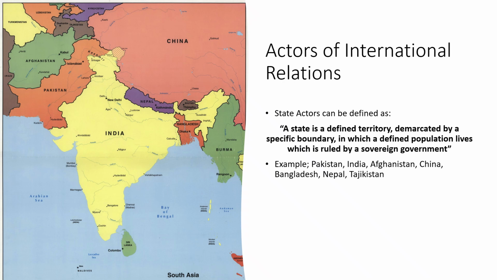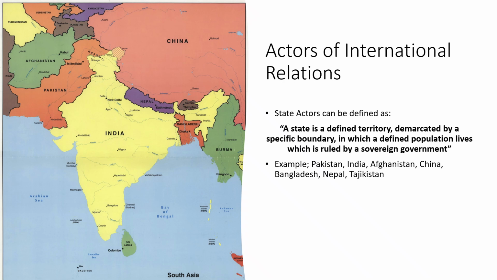Starting with the state actors, we are studying actors of international relations, and the actors can be divided into two, that is state actors and non-state actors. And now we're going to start with the state actors. There's a very simple definition of a state actor. A state is a defined territory demarcated by a specific boundary in which a defined population lives, and this population is ruled by a sovereign government.